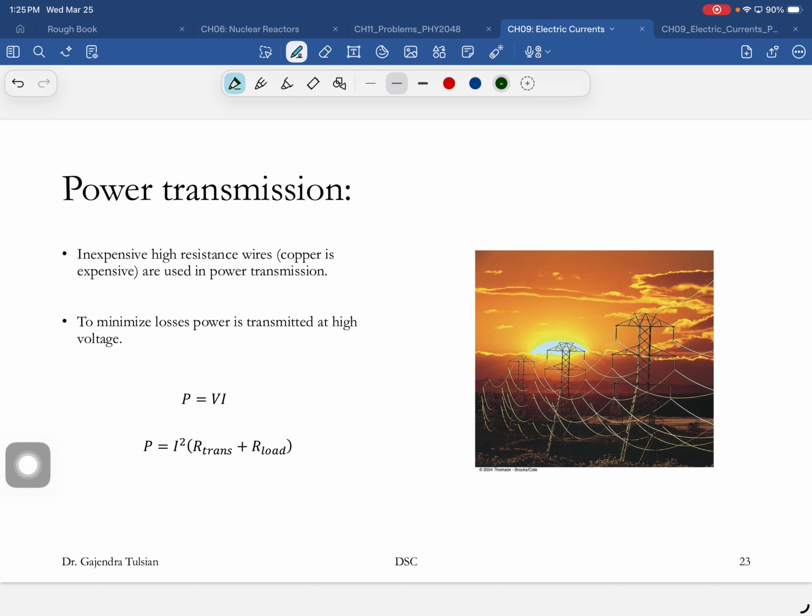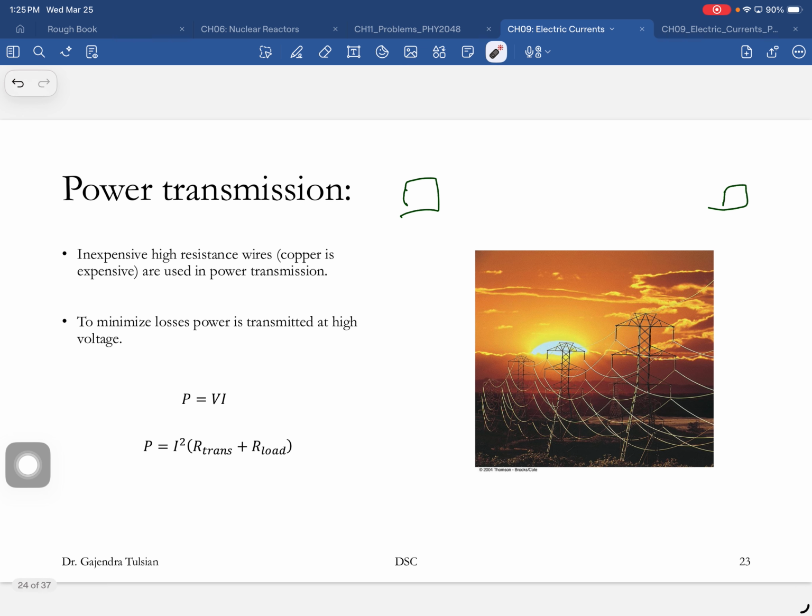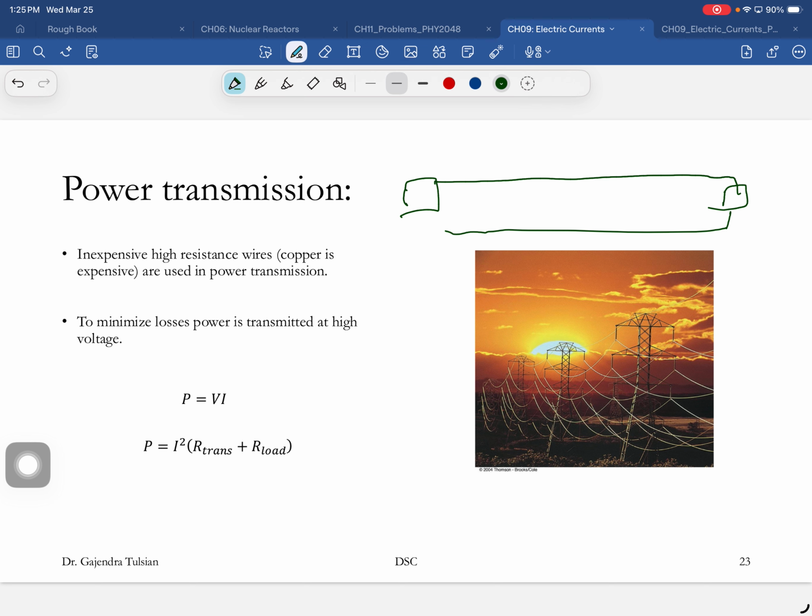Now everything is set up where here's Hoover Dam and power gets to you from Hoover Dam to your house. So the power delivered is the voltage times I. You can write it like that, or it can be written as I squared R. So here's Hoover Dam, there's the transmission line, there's your house.